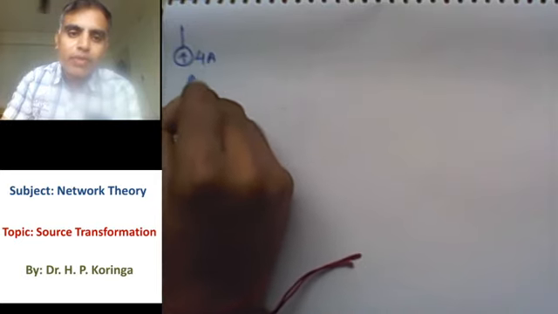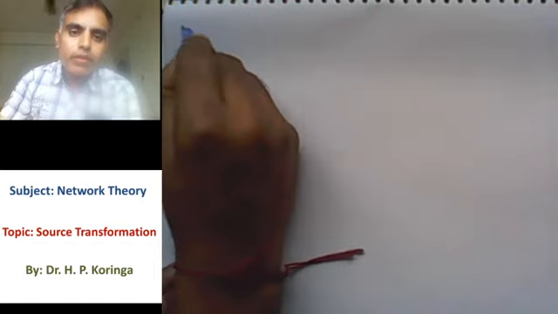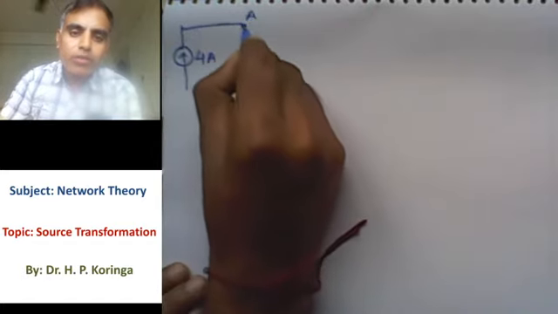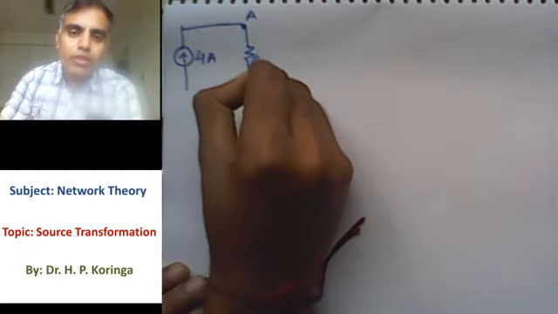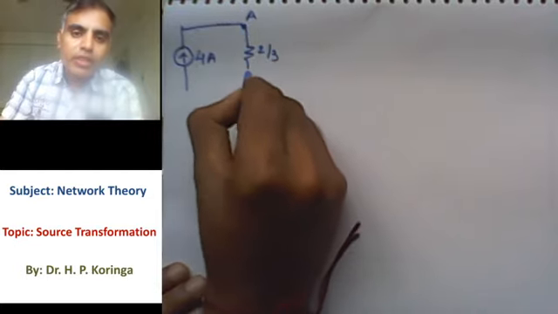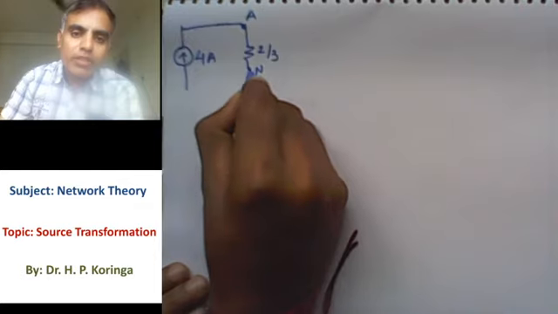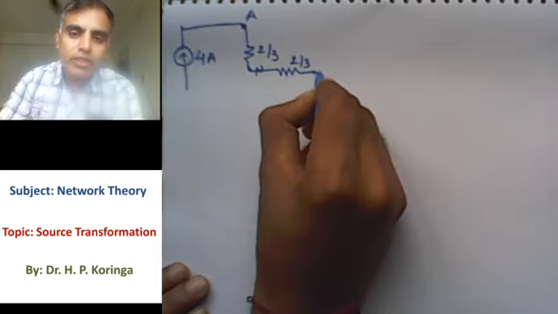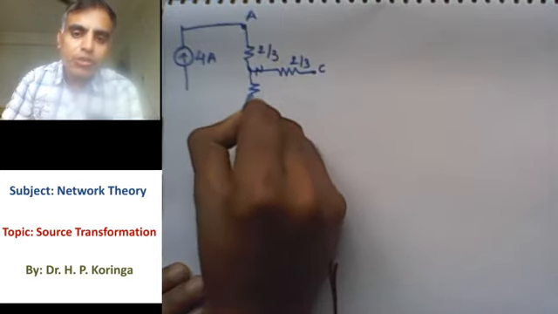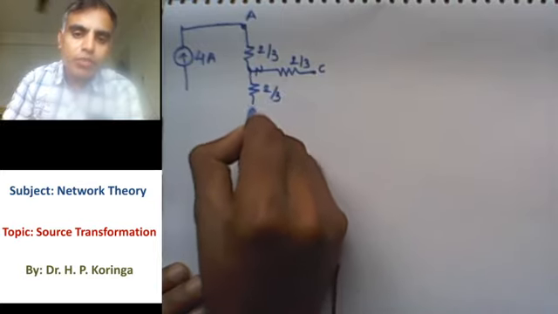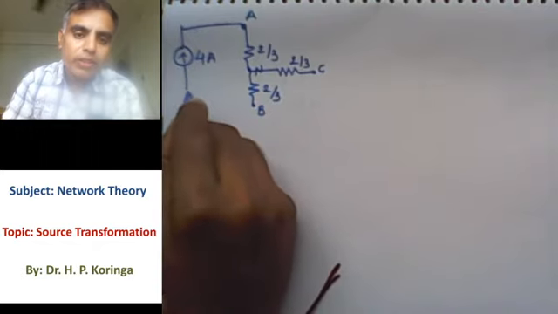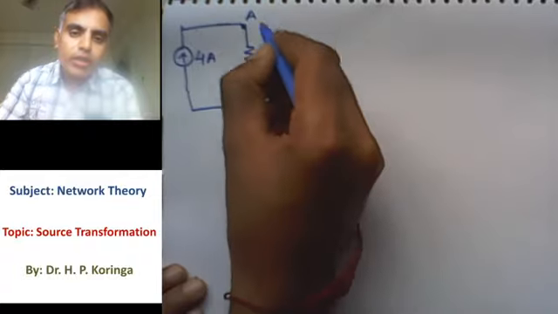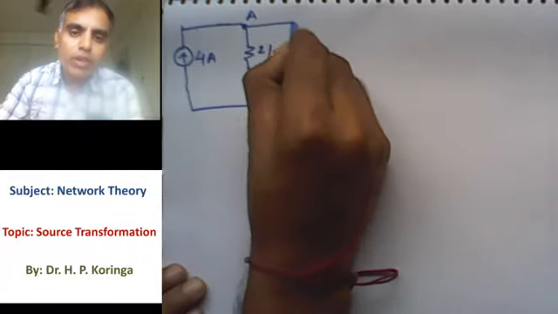Here is our point A, so between A and neutral 2 by 3, between C and neutral 2 by 3, and between B and neutral 2 by 3. So after converting delta to star, our network will look like this.